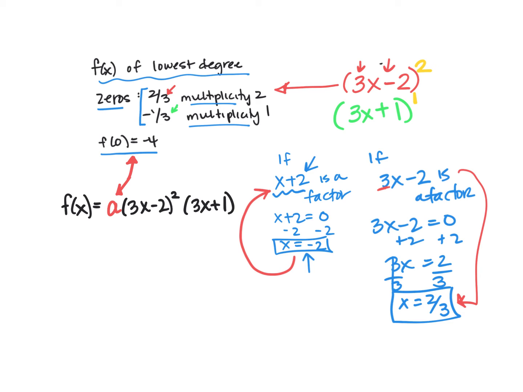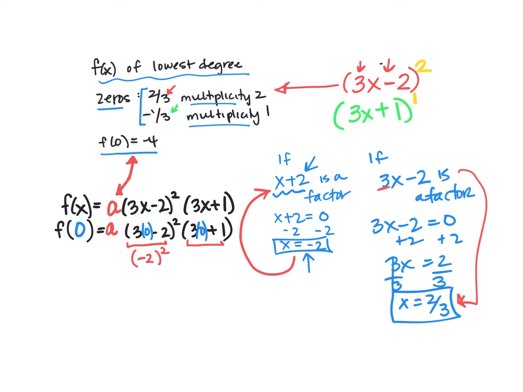f of 0 equals -4. So right now, if I plug in a 0 for all of my x's, I'm going to have 3 times 0 inside there, 3 times 0 over here, and I'm still not quite sure what a needs to be. But you can see that plugging in that 0, this first term is going to be 0 minus 2, that's really (-2) squared.